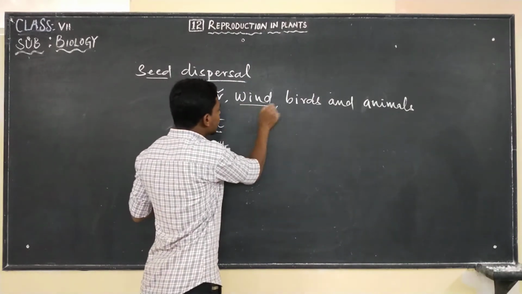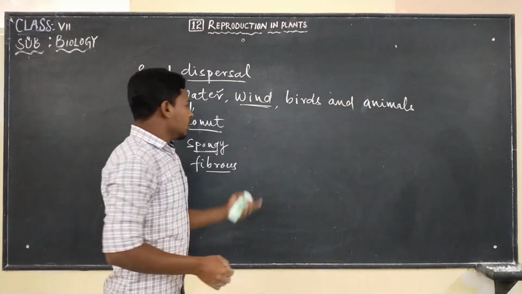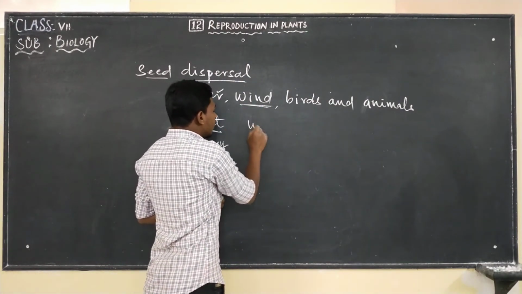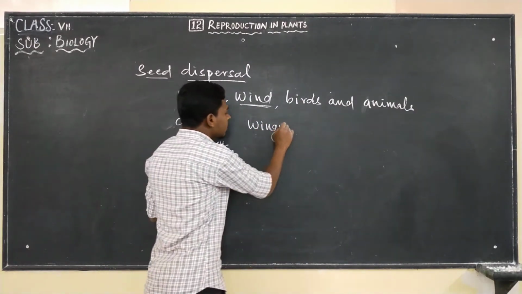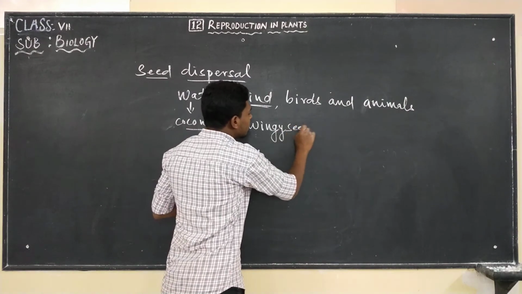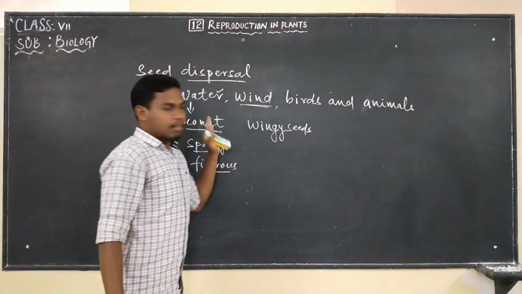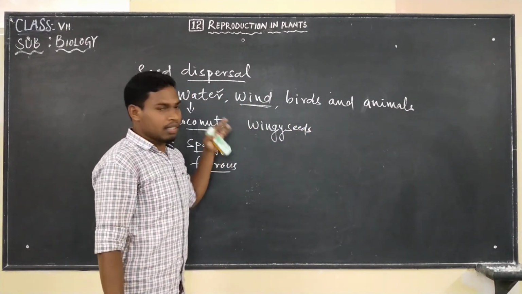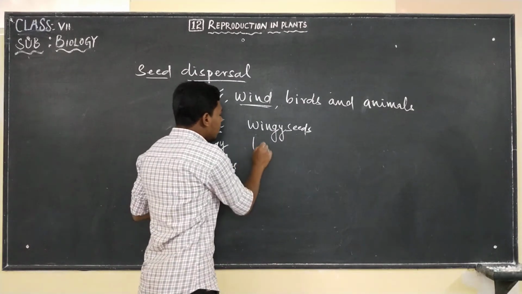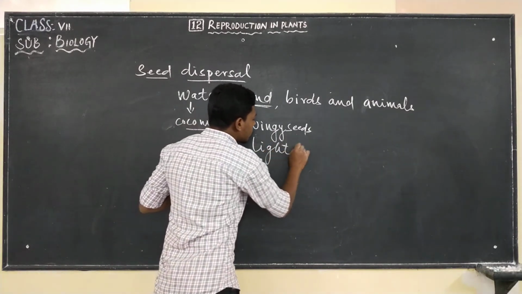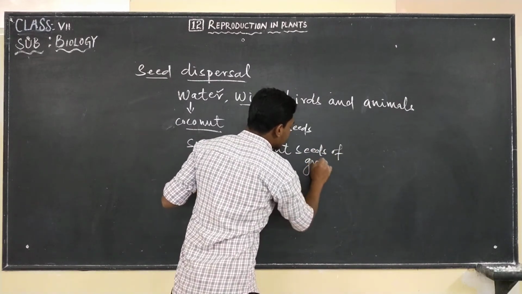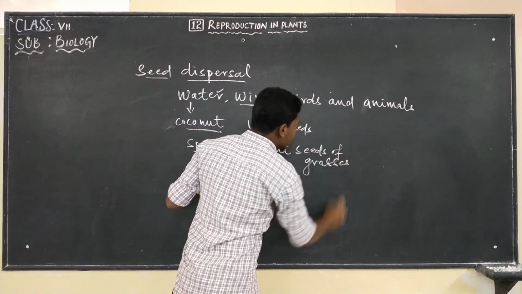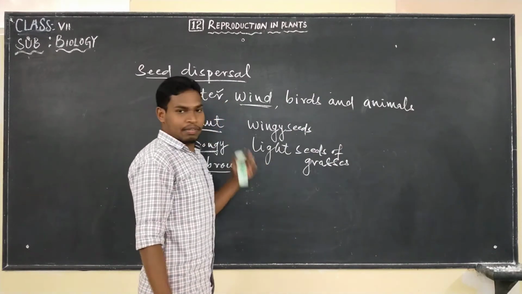And by wind, the seeds that are having what? Wing-like structure. Winged seeds can be transferred from one place to another place by wind. And even the light seeds of grasses also can be transferred by wind.